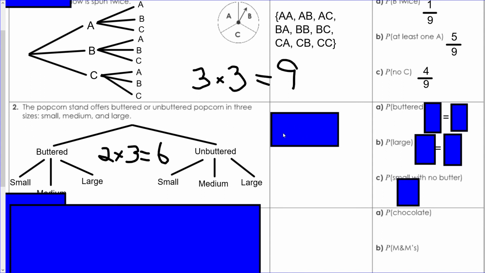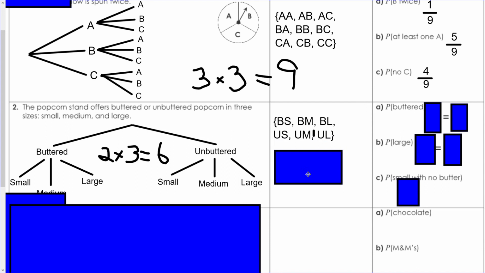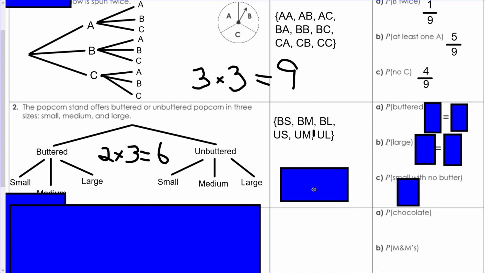That means we should have 6 possibilities, and I'm having some smartboard issues, surprising as that might seem. Okay, so we've got 6 possibilities. Okay, so the B just means buttered, SML is small, medium, and large. Okay, so our sample spaces are those 6 options.